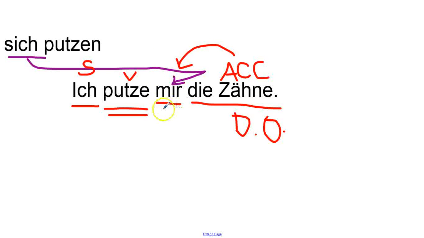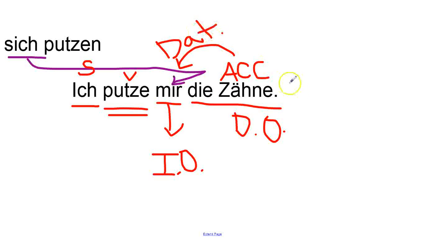Myself. So the fact that we're looking for an indirect object makes sure that we use mir for dative. So that's why I didn't use mich. I used mir. So accusative or dative depending on direct object or indirect object. So ich putze mir die Zähne.